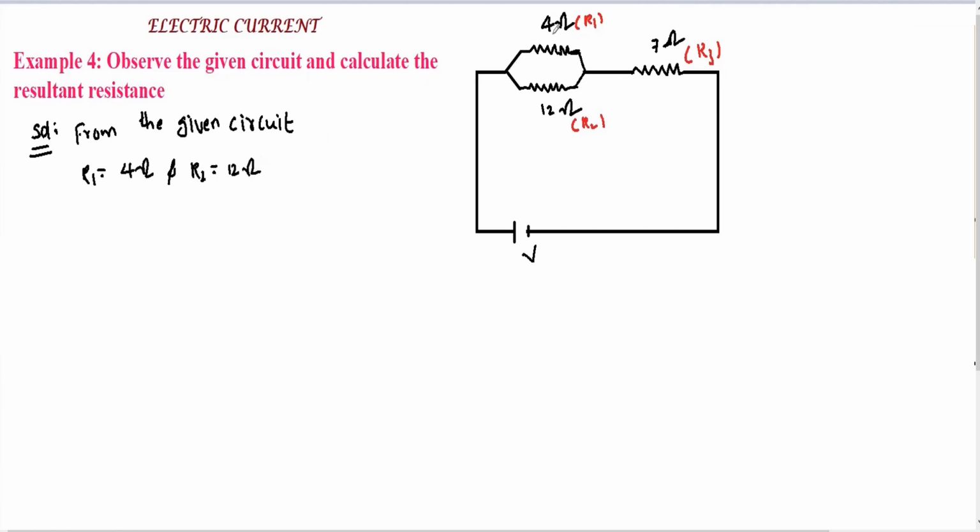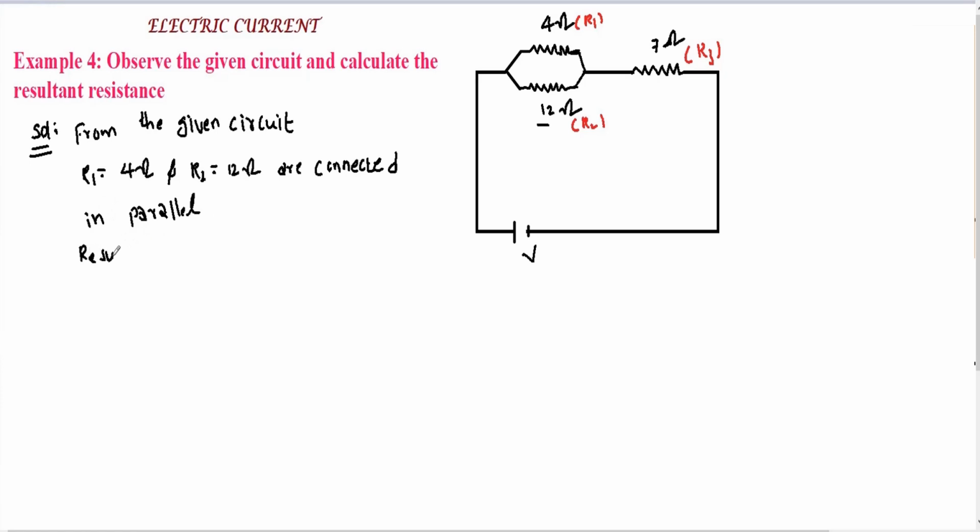R1 equals 4 ohm, this one, and R2 equals 12 ohm, this one, and these two are connected in which way? Parallel. From the given circuit these two resistors are connected in parallel.